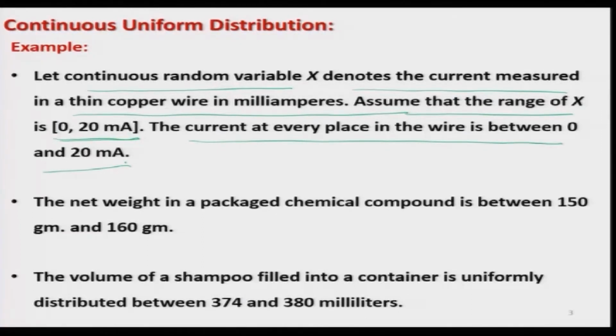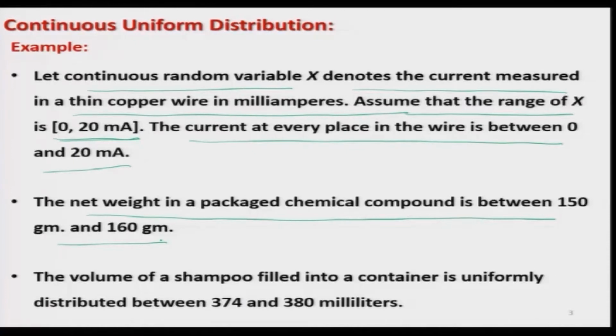Similarly, suppose it is written on the packet of a chemical compound that the weight of the chemical is 150 gram, but if you really try to measure it, that may be 150 gram or 151 gram or 152 gram or 152.5 gram and so on. There will be some small variation present in real life. So one can make a more realistic statement that the net weight in a packaged chemical compound is between 150 and 160 grams.